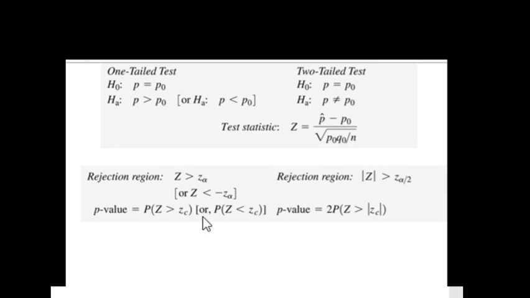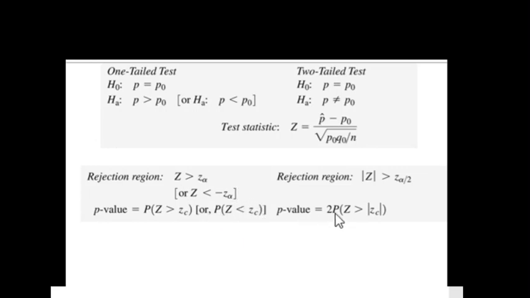Okay, so we'll use the p-value method again for this one. And again, it's very similar to the one that we saw for the sample mean when we have a large sample. Probability of z greater than z calculated will be the p-value for a greater than test. For a less than test, probability of z less than the z calculated.